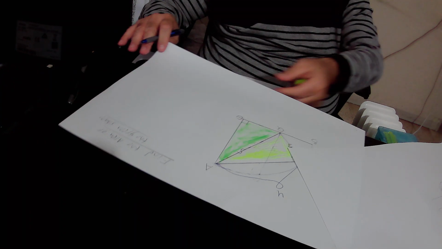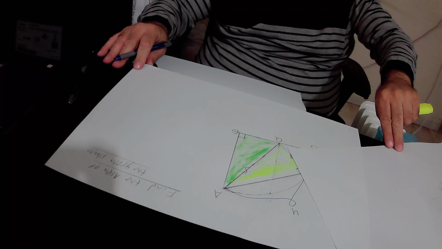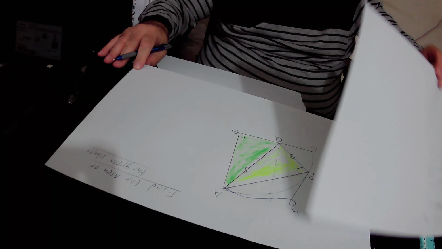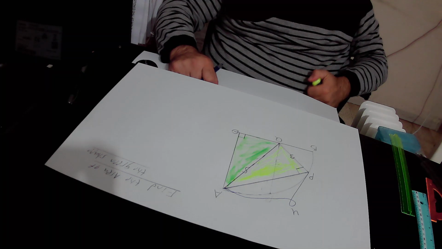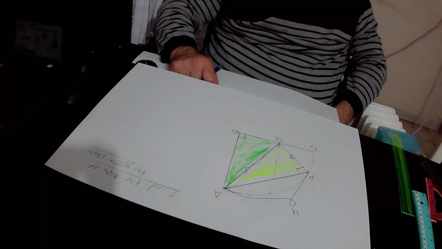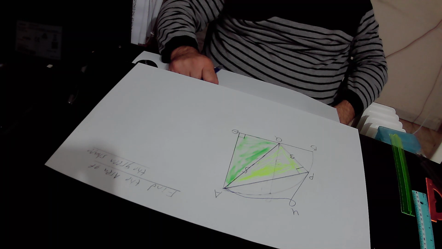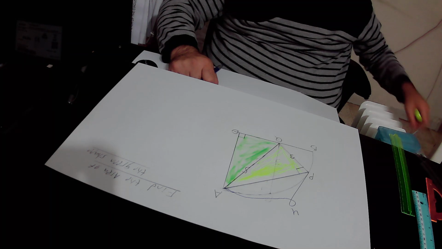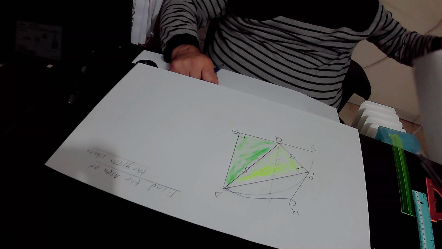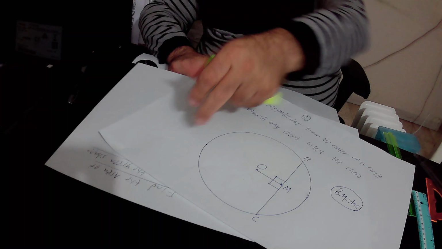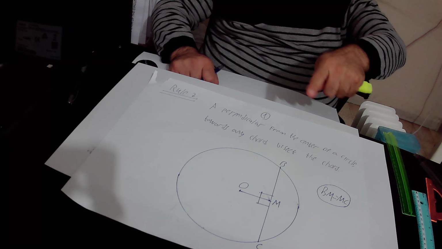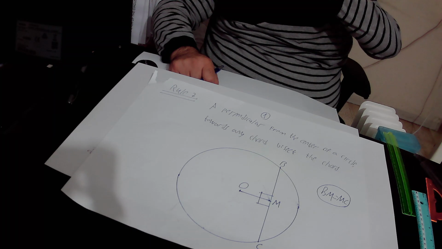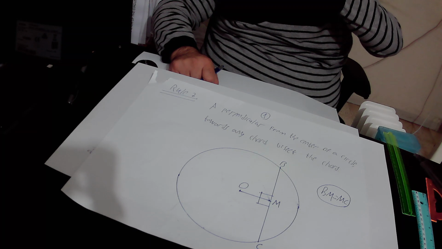So in the next step, we'll present to you a new rule, and we'll implement the new rule number 2 in our drawing. According to rule number 2, a perpendicular from the center of a circle towards any chord bisects the chord.